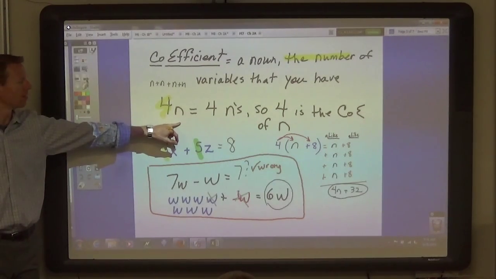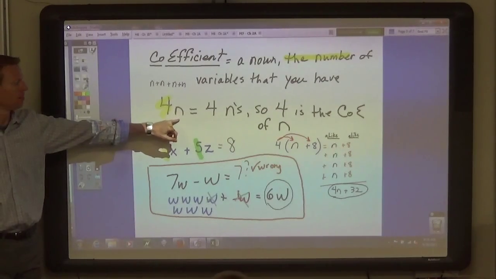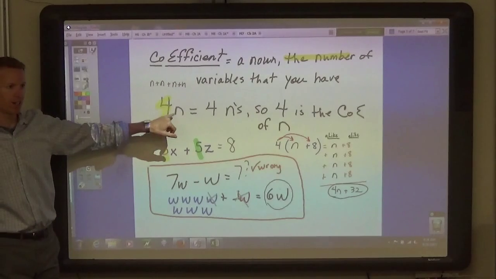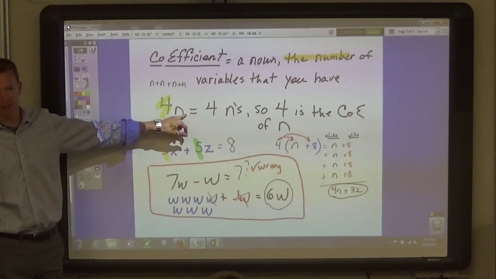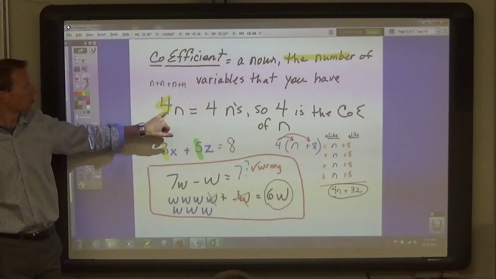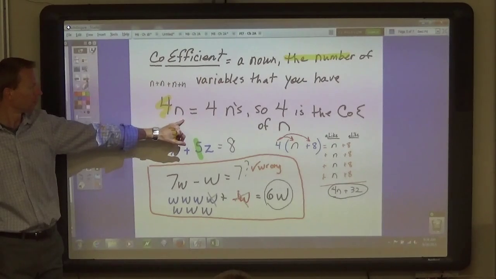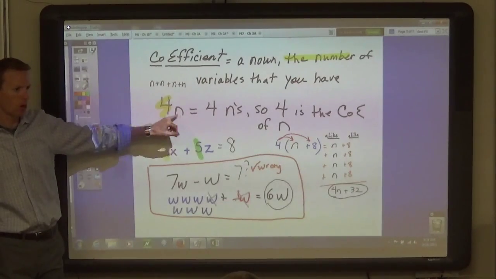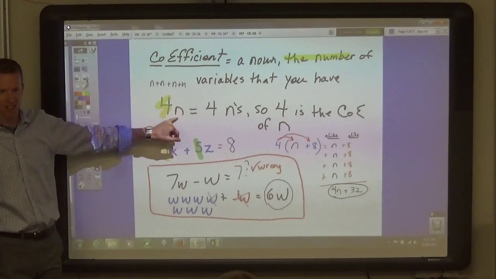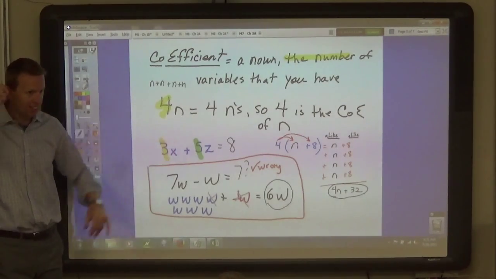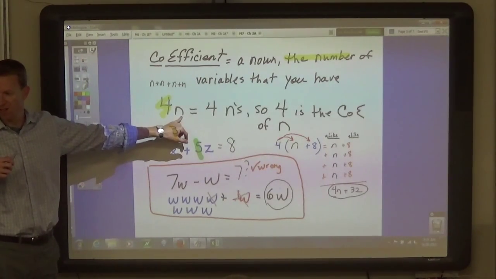It tells you how many n's there are. So anytime you have a number in front of a variable, it not only means to multiply, but this number is called the coefficient of the variable. The coefficient of n is 4. Repeat. The coefficient of n is 4. That means that there are 4 n's.